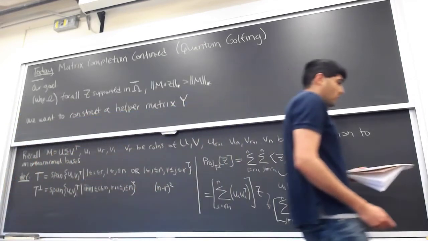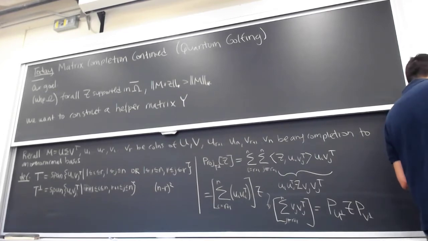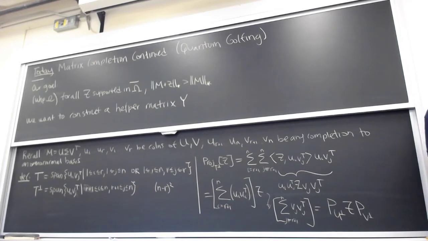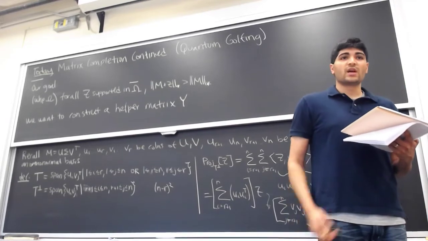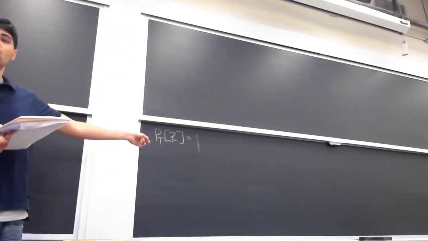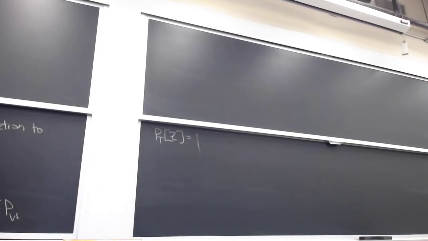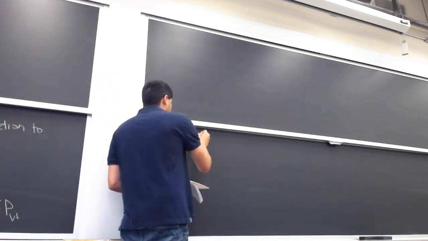So now, as a pop quiz, can anyone tell me what happens when I take a matrix and project it into T? In fact, let me ask a very concrete question.